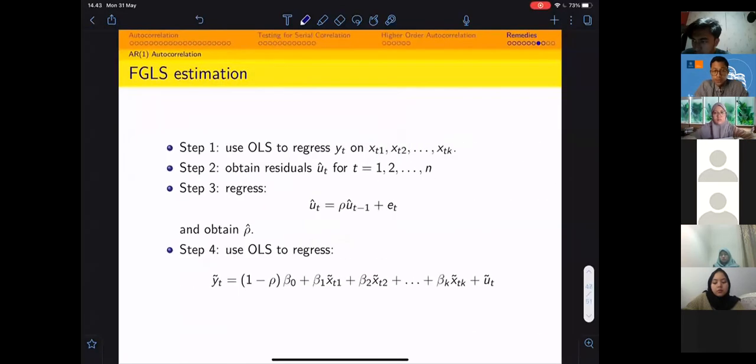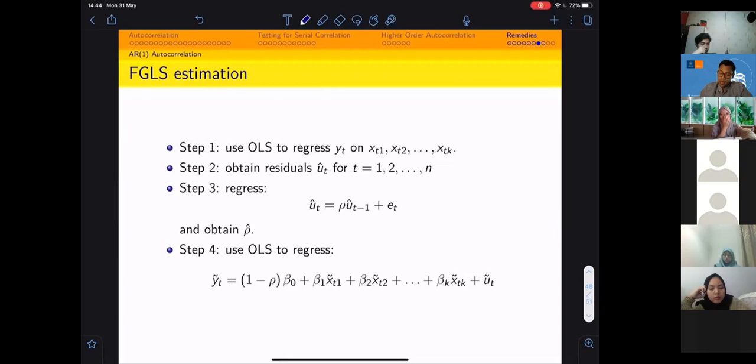Okay, so let's go through the steps one by one. Again, there is a built-in Stata function that allows you to do the regression. However, for you to really understand the underlying concept of the model, it's always nice to see the procedure before we actually use the command. So going back to step 1 that we saw in the previous slides, we're going to regress y_t on the explanatory variables of interest, in this case x_1 until x_k.